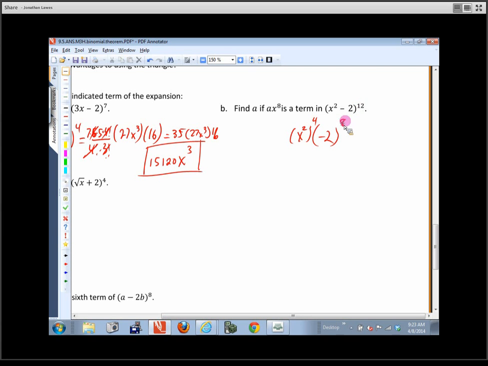So this would be an 8. What goes on the top here in this combination formula? A 12, and what goes on the bottom? An 8. Okay? And then, can you finish that one off? Go ahead and finish it off. Get your number answer. Get the coefficient. So you know what the coefficient is on x to the 8th. Check with your neighbor once you've got it done.